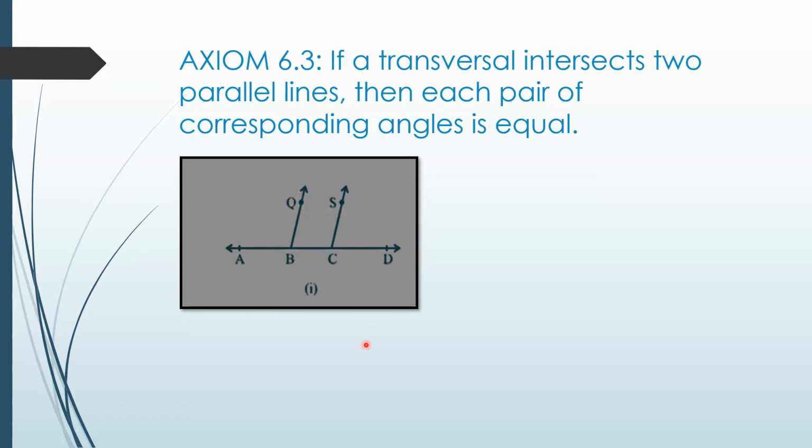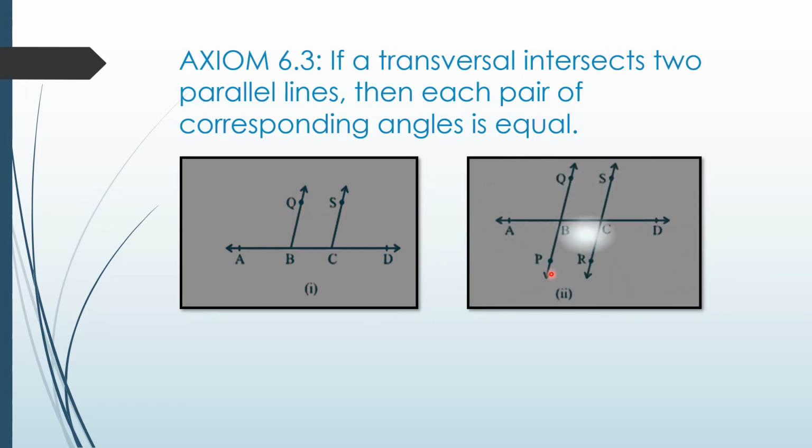So now I extend these rays in the opposite direction, that is, ray QB to point P and ray SC to point R. So when I extend these rays, the angles ABP and BCR would be equal. That means they would be corresponding angles.